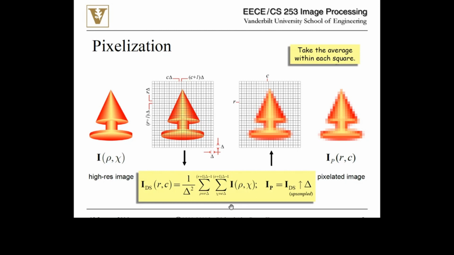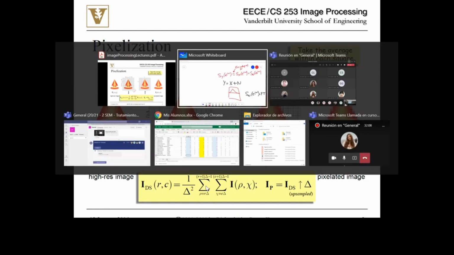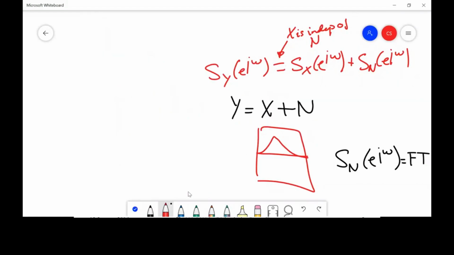And if you look at the formula, what it says is you take neighborhoods of size delta and you average them.